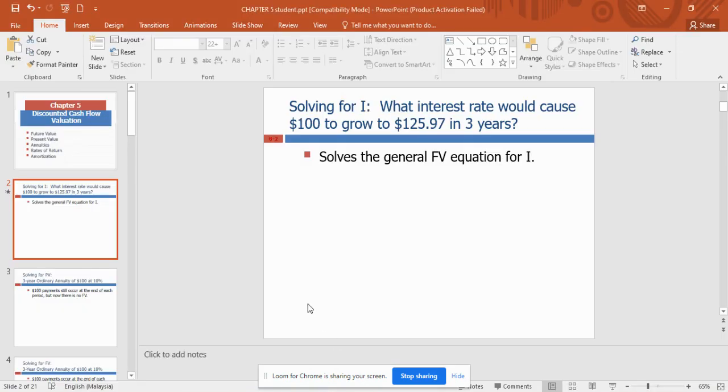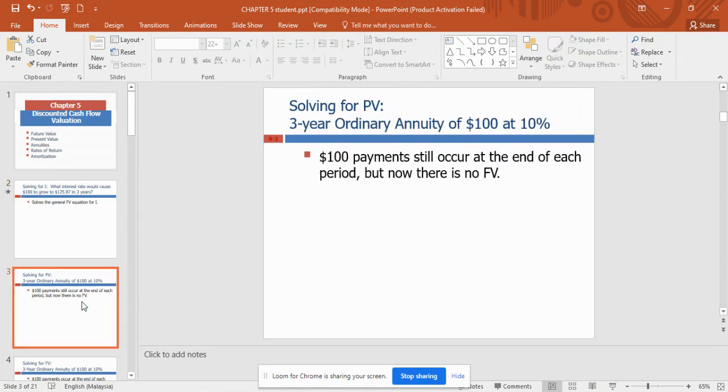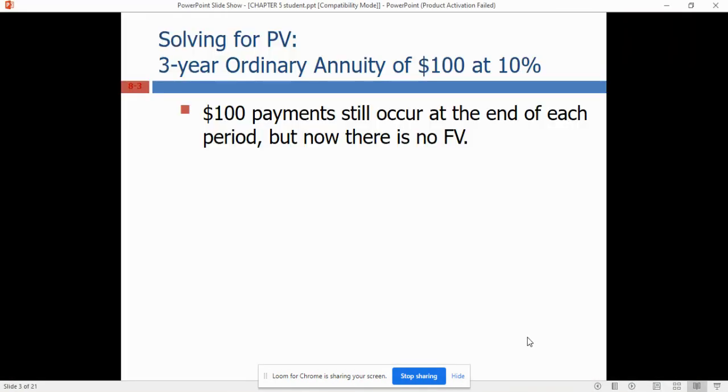All right, let's move on to the next part. Hope you got that answer. The next question is solving for PV. You are asked to calculate PV for a 3-year ordinary annuity of 100 at a 10% interest rate. The 100 payments will occur at the end of each period, and there's no future value.